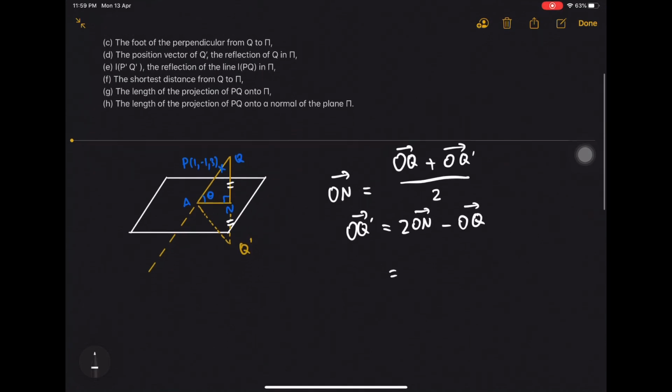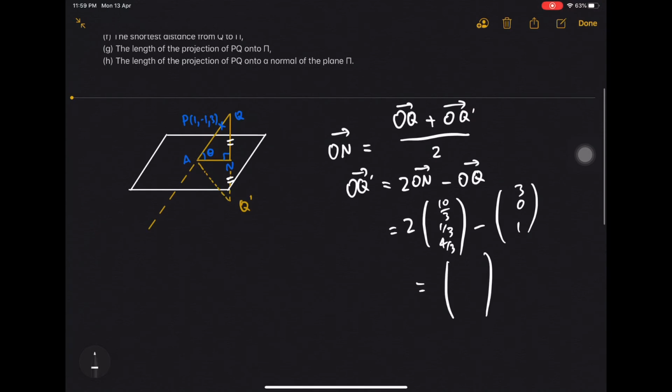So you have something like this: (10/3, 1/3, 4/3) minus my OQ. You're going to solve this and you get your OQ prime. So the answer will be (1/3, 2/3, 5/3).